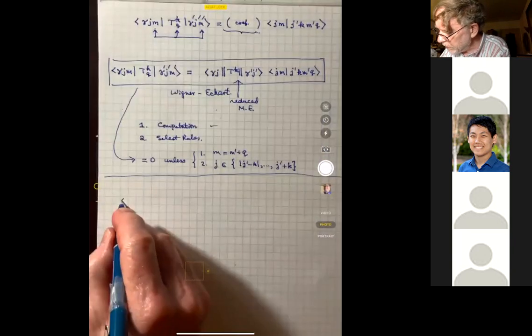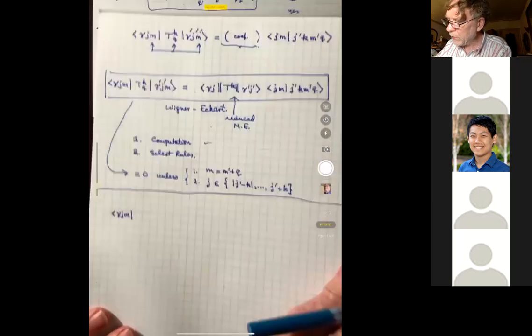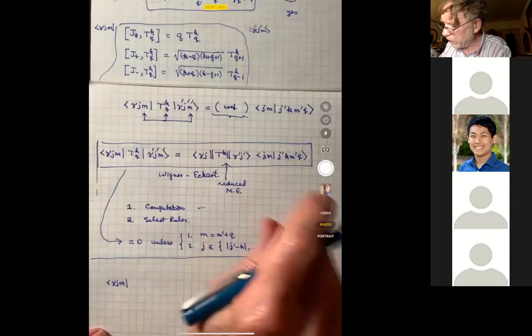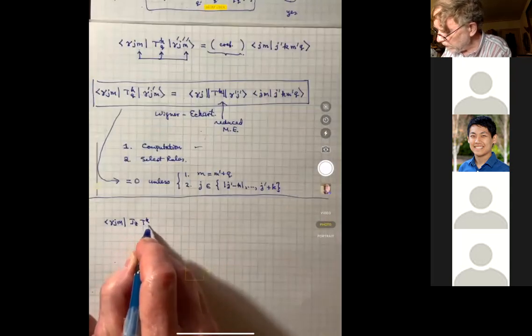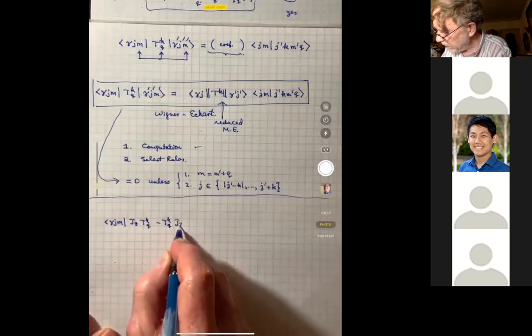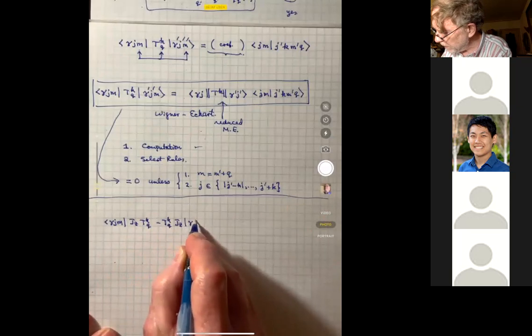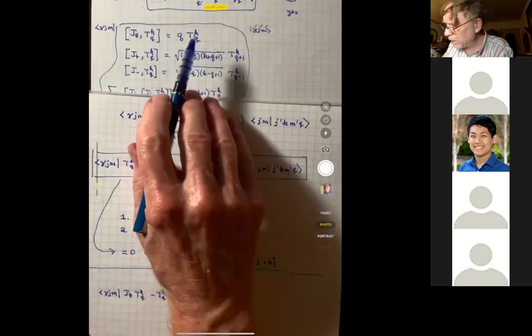So we've got gamma JM on one side. We've got the commutator. The commutator is JZ with TKQ. So it's JZ times TKQ minus TKQ times JZ. And then I have a gamma JM with primes on it on the right. And that's equal to the right-hand side up here, sandwiched.